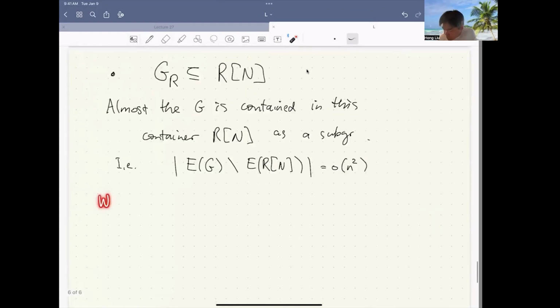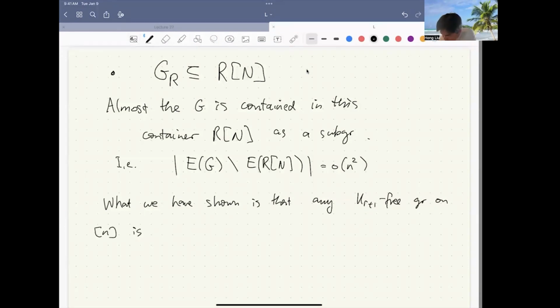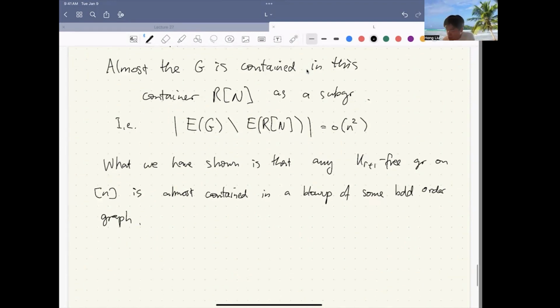What we have shown is that any K_{r+1}-free graph on n vertices is almost contained in the blow-up of some bounded order graph, which is the reduced graph R. Okay, so the number of choices for this bounded size graph R is at most what?